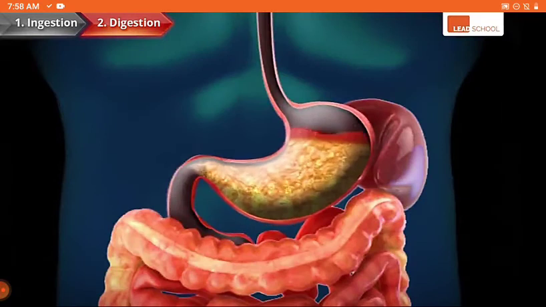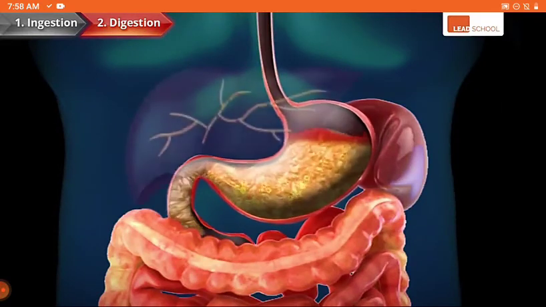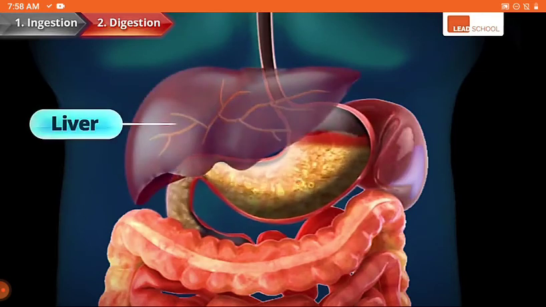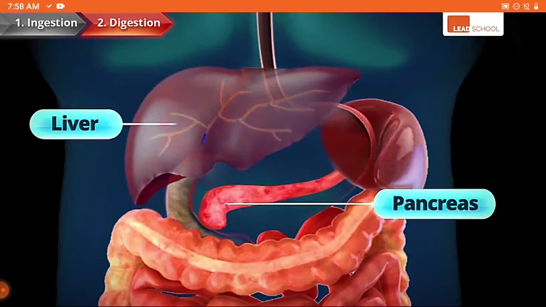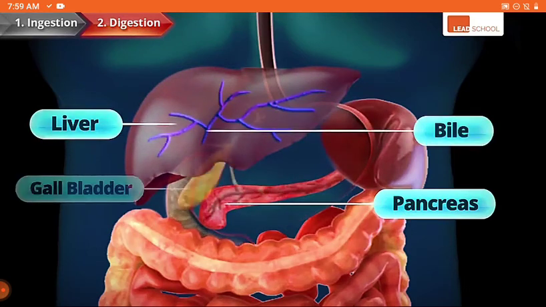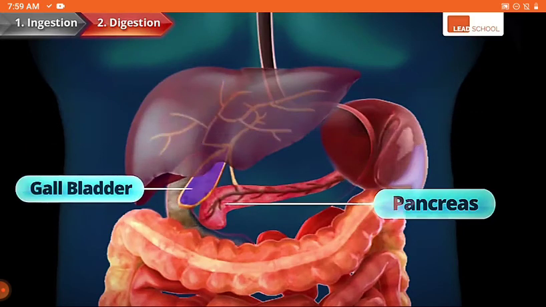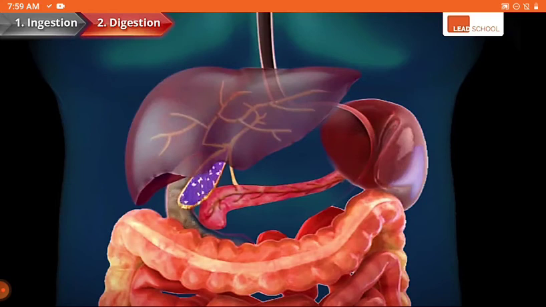From the stomach, the food enters the small intestine, which receives digestive juices from the liver and the pancreas. The liver produces bile, which is sent to the gallbladder for storage. This bile helps break down fats into simpler substances.